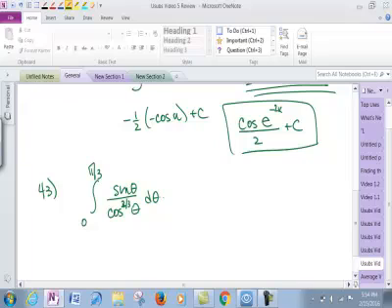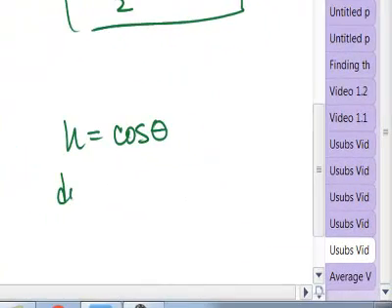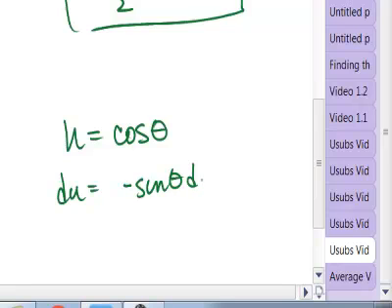Okay, so what should we pick for u, the cosine or the sine? I'm going to go ahead and pick u to be the cosine of theta, thinking that it's being taken to the 2/3 power and it's in the denominator, so those are two flags that go up that tell me to pick cosine theta as u. That would mean that du would be the negative sine theta d theta.